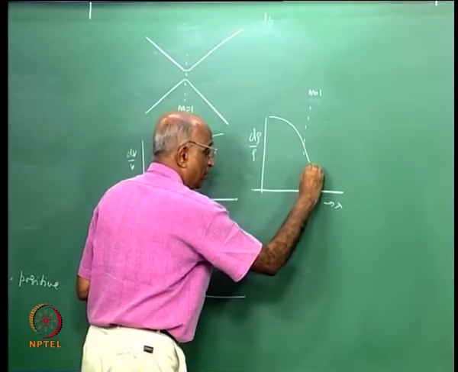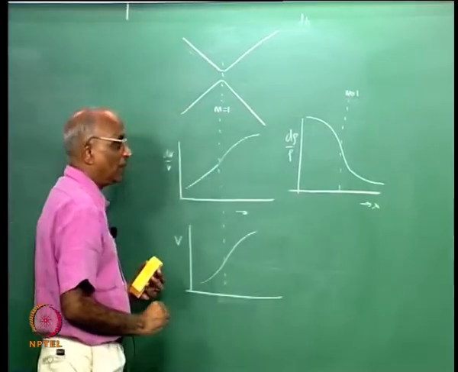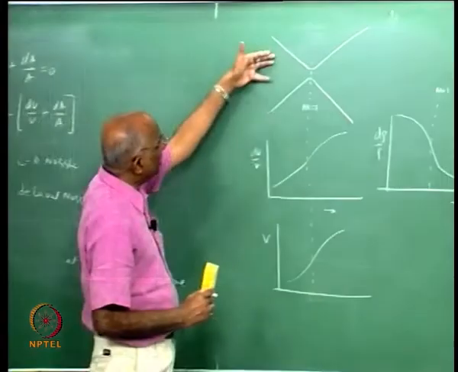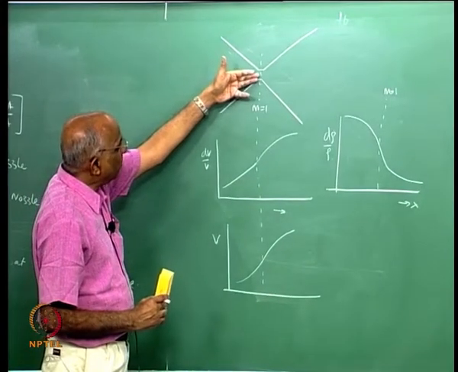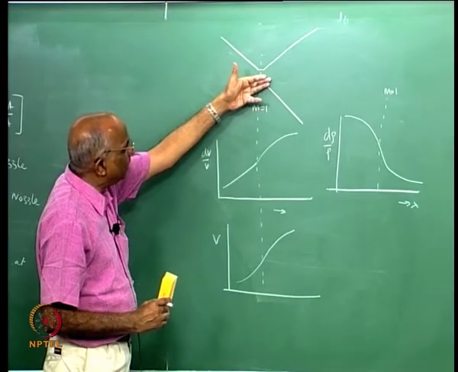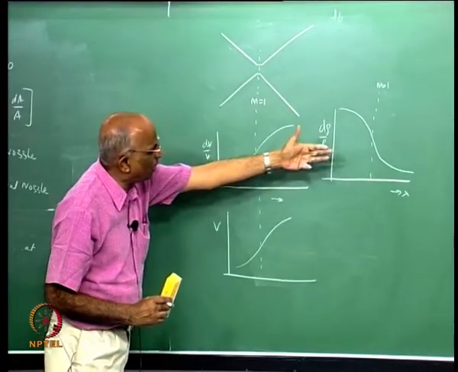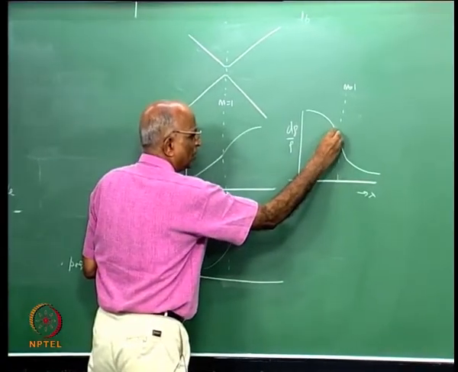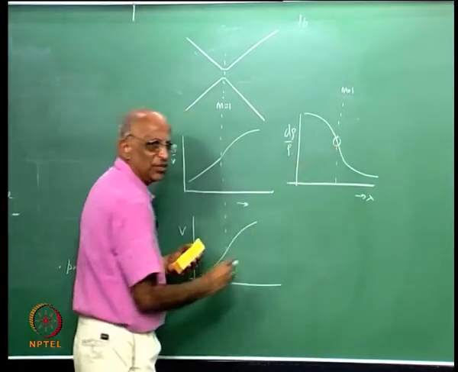I have a very steep region here, and d rho by rho comes over here. I think this is important. The density keeps decreasing. At M equal to 1 there is a rapid change in d rho by rho, and this region at the throat is a region of rapid density change.